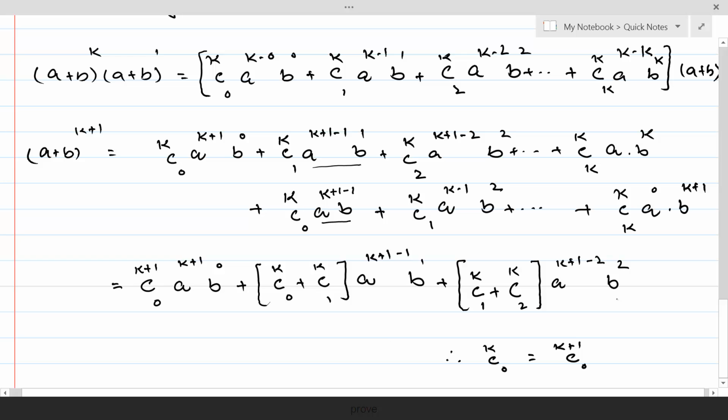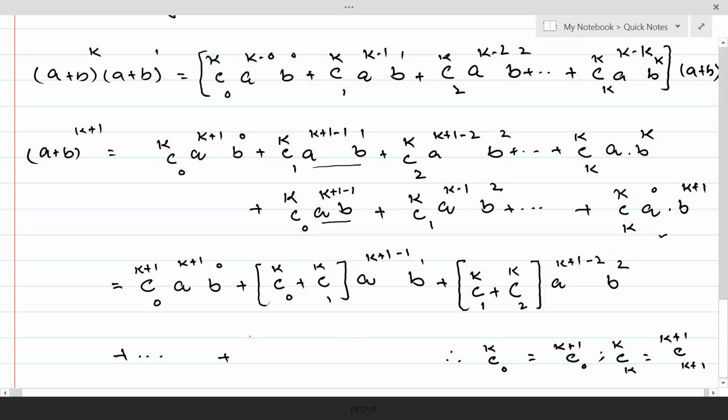So if we continue like this, the last term we get is plus kCk, which is the same as (k plus 1)C(k plus 1) because both are equal to 1.